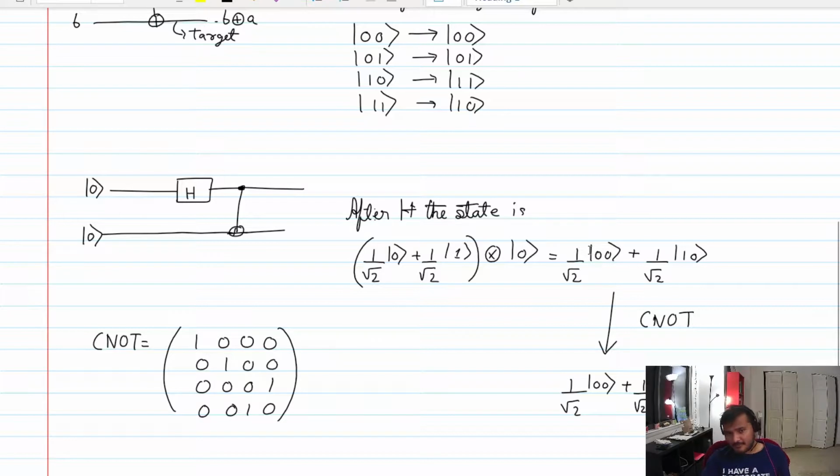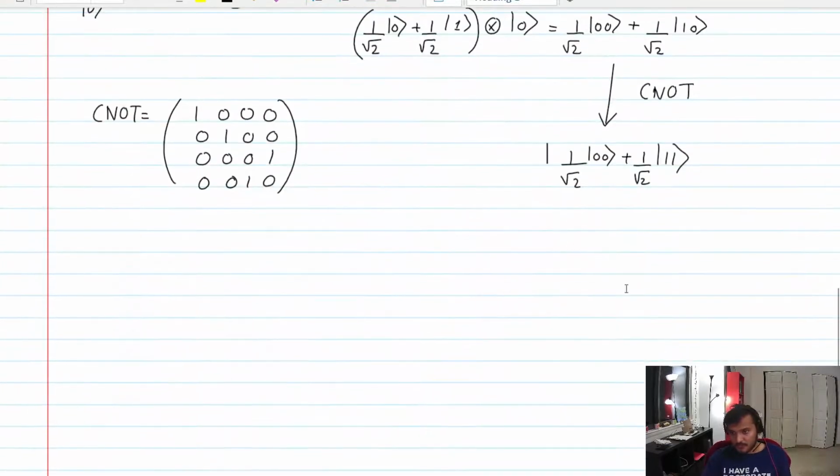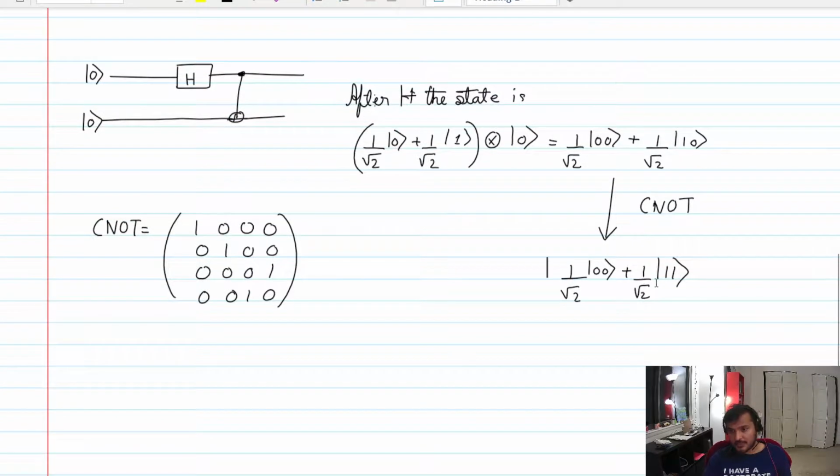For the first one, nothing happens because the first bit is 0. For the second element, the second bit gets flipped. So we get our entangled state over here, 0, 0 and 1, 1. And that's how we were able to generate this entangled state.